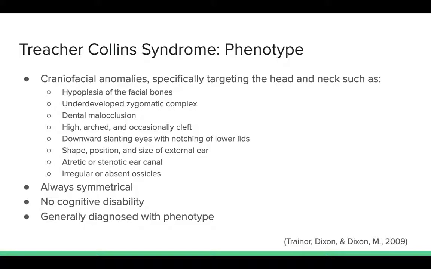An underdeveloped zygomatic complex is essentially your cheekbones that have not been fully developed in utero, so it appears flat. Dental malocclusion, meaning that the top row of teeth and the bottom row are not aligned, which results in either an overbite or an underbite.